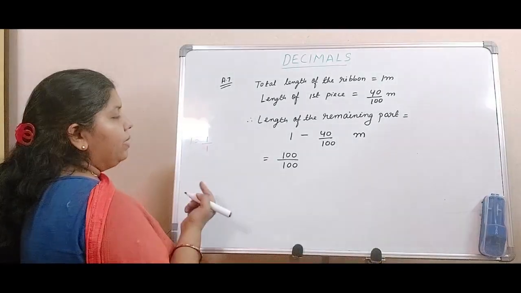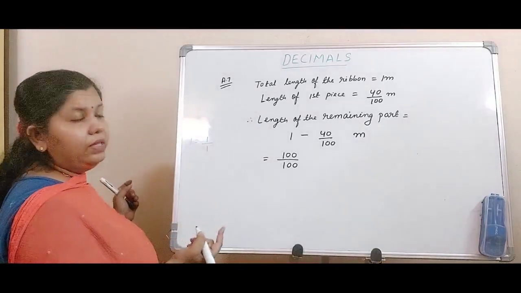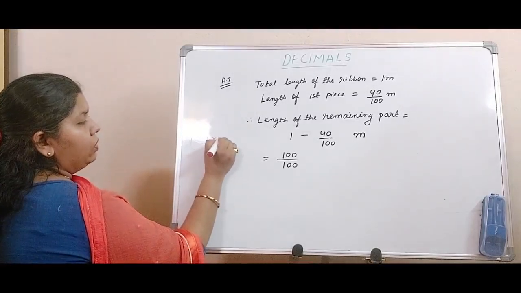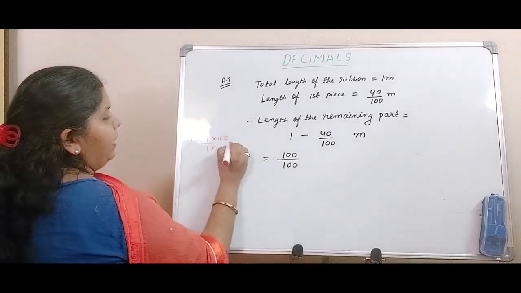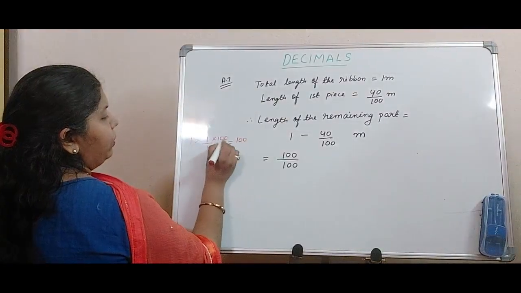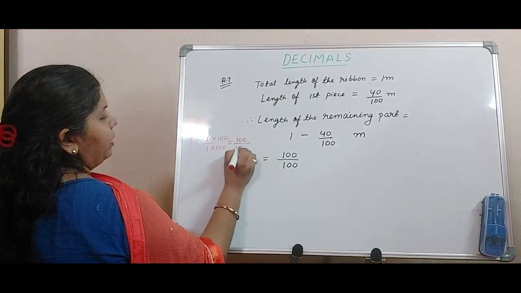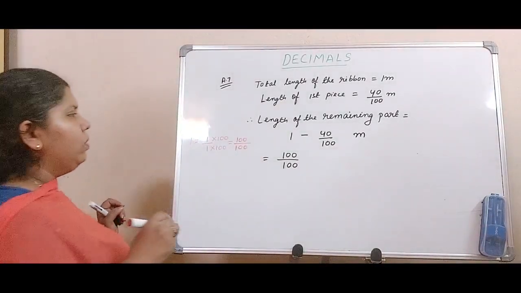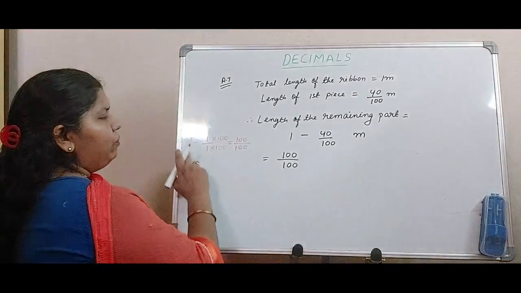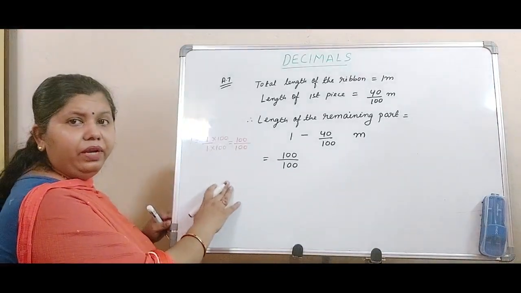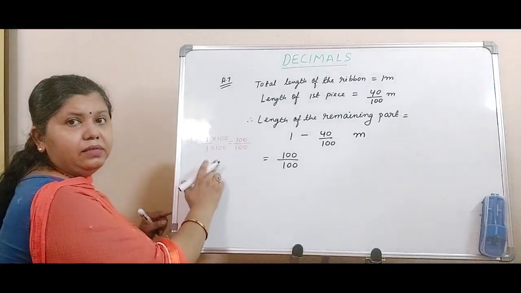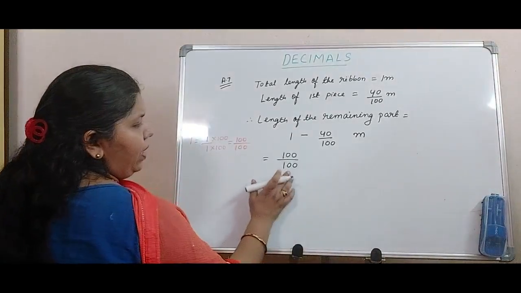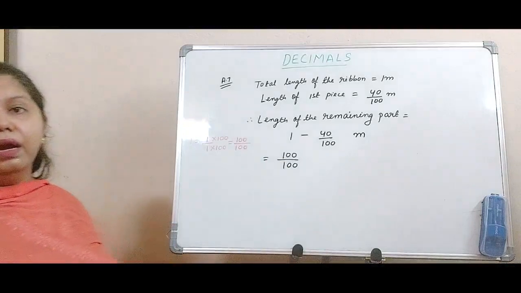We are trying to make the denominator 100. For that you have to multiply 100 here, then multiply 100 here also. So the final answer is 1 into 100, 100, by 1 into 100, 100. So it is 100 by 100. This thing you have to keep in mind every time. You need not write this part; directly you can write, instead of 1, 100 by 100.